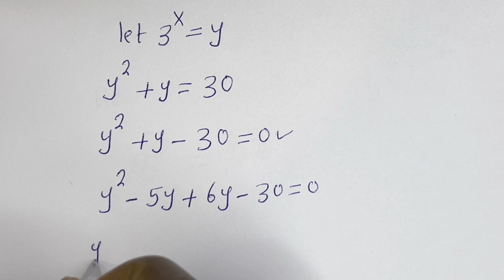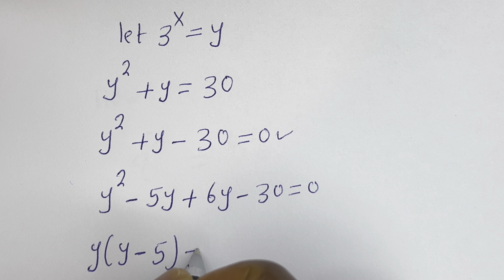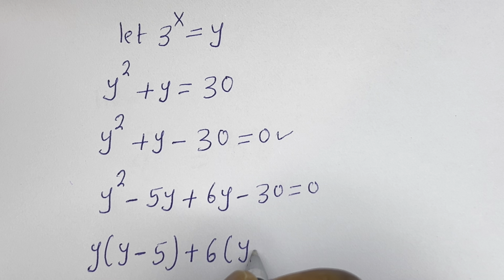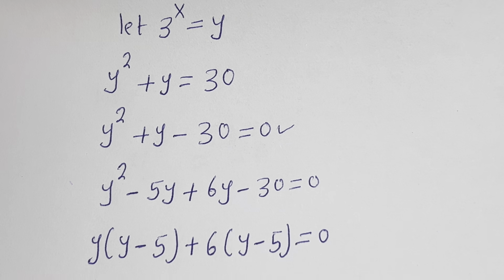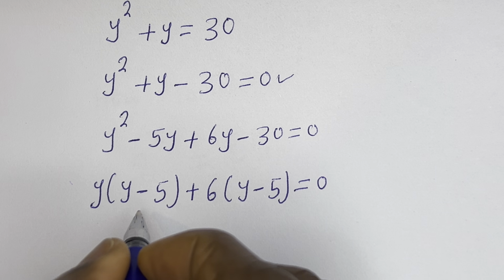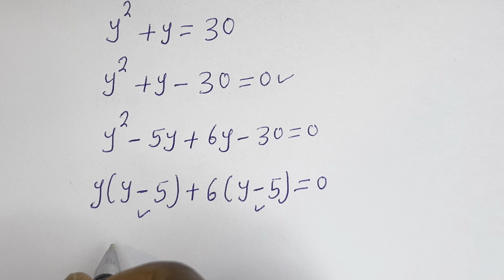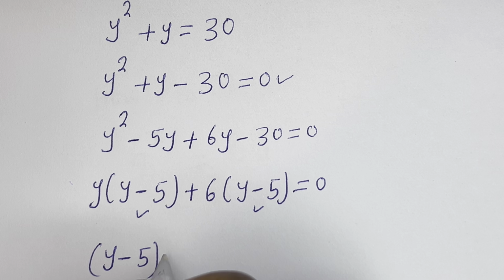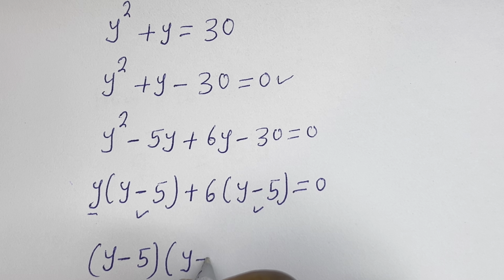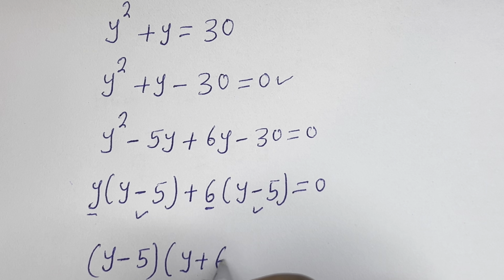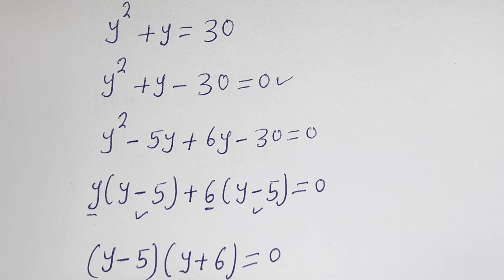We have y bracket y minus 5 plus here we have 6 bracket y minus 5 is equal to 0. Now y minus 5 is common. Here we have y minus 5 bracket this y plus this 6 is equal to 0.